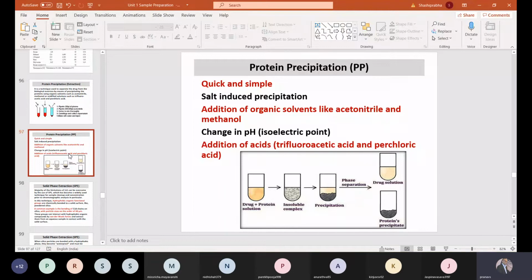It is a very simple and quick technique which can be afforded by using common organic diluents like acetonitrile, methanol, sometimes acids as well, but in very small volumes. For acids specifically, trifluoroacetic acid and perchloric acid, 10 microliters, 15 microliters, 20 microliters of say about 10% or 20% solutions of these acids are also being used.